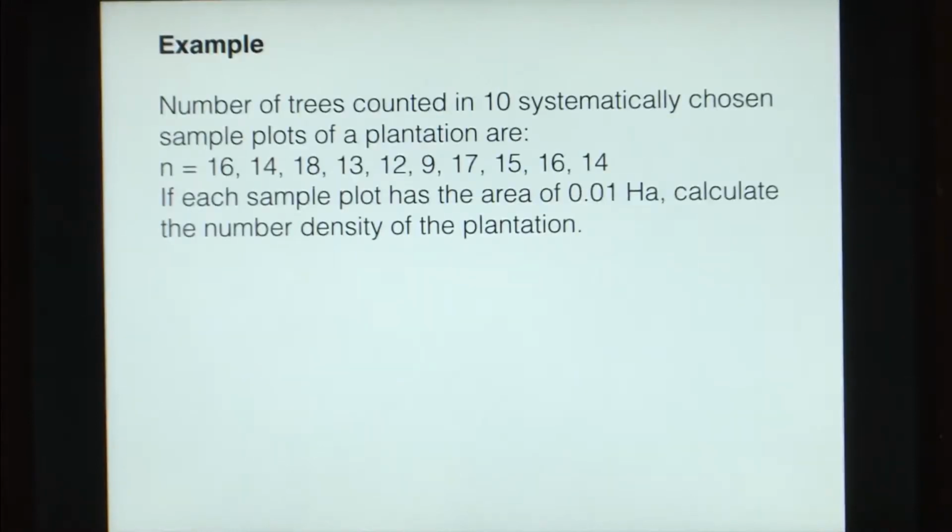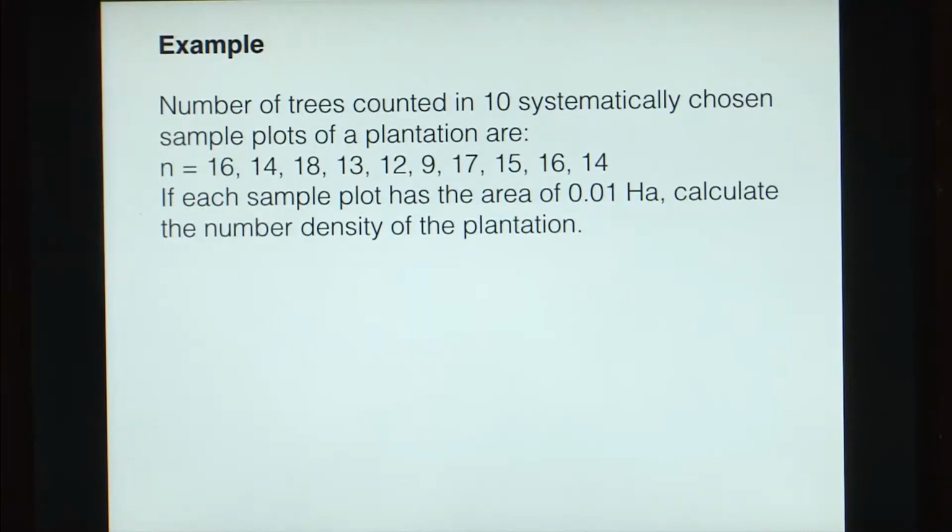So now let us take an example. This example states that the number of trees counted in 10 systematically chosen sample plots of a plantation are these numbers. So we have taken 10 sample plots, and in each sample plot we have measured the number of trees. If each sample plot has the same area of 0.01 hectare, calculate the number density of the plantation.